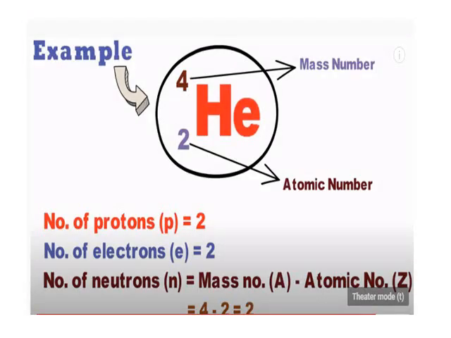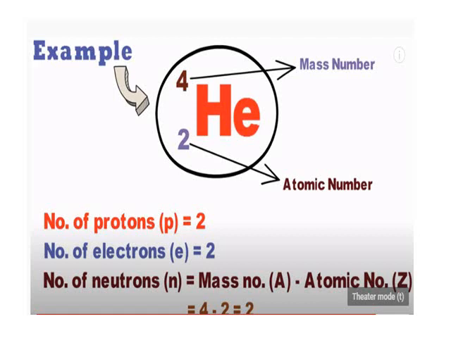This slide gives you all the ideas about atomic number, mass number, number of protons, number of electrons and number of neutrons. The element represented here is He, which is helium. So He with the numbers 4 and 2. Since 4 is greater than 2, 4 is the mass number, 2 is the atomic number. So the atomic number represents the number of protons.